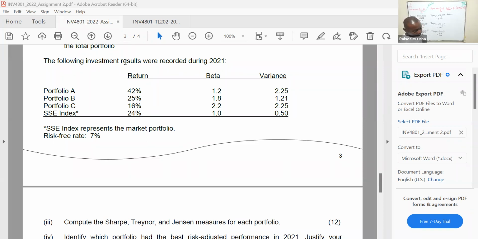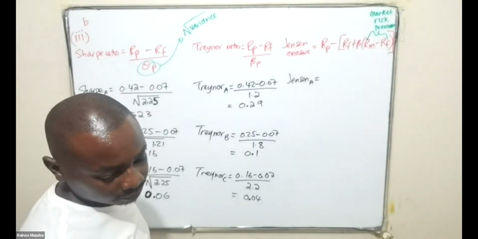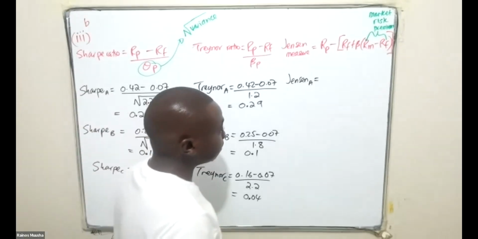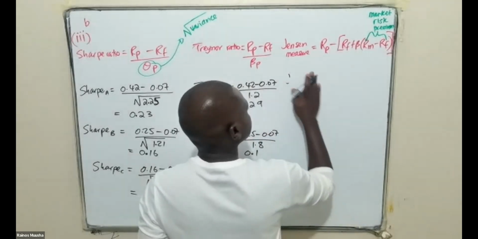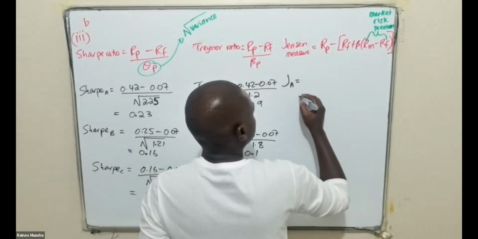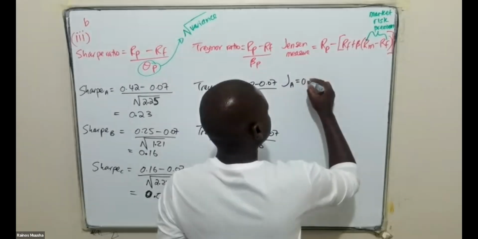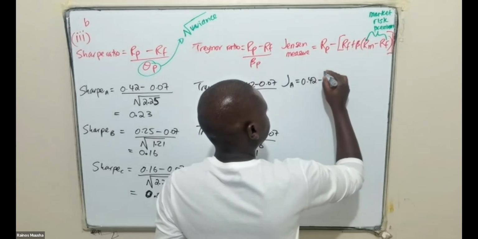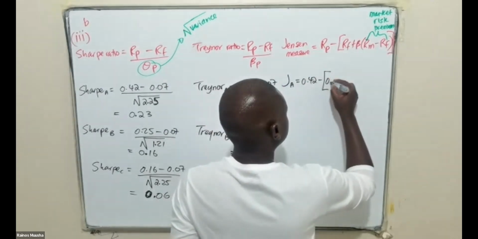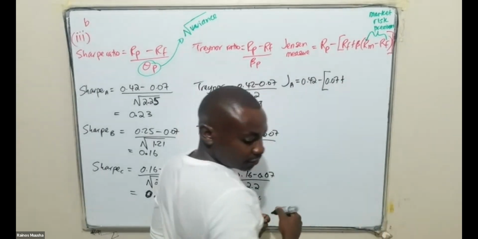So for portfolio A, you're going to say the return of portfolio A is 42%, which is 0.42, minus your risk-free rate of 7%, which is 0.07, plus your beta for portfolio A, given as 1.2.